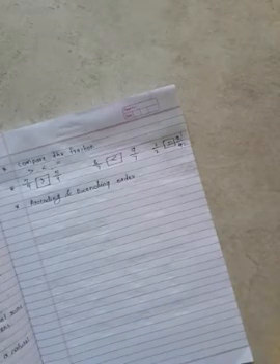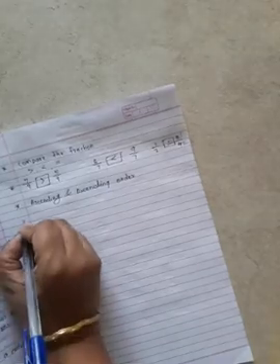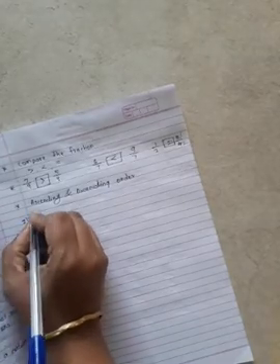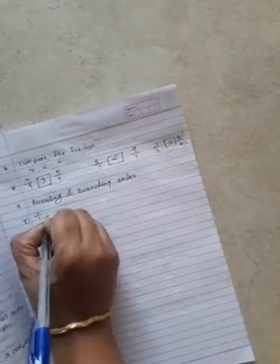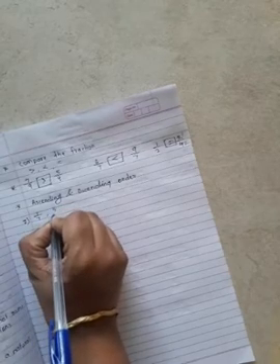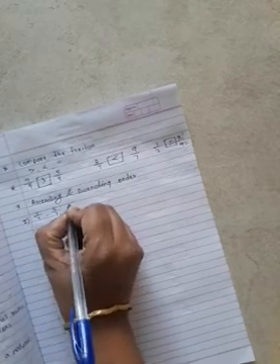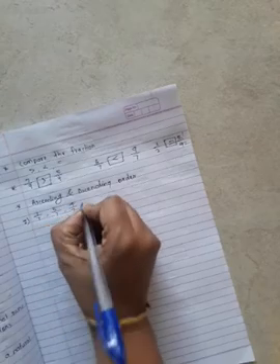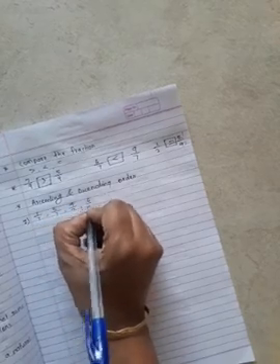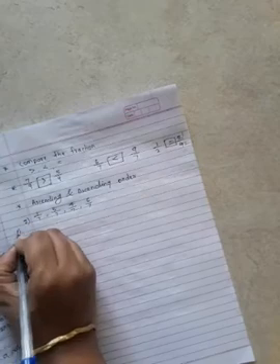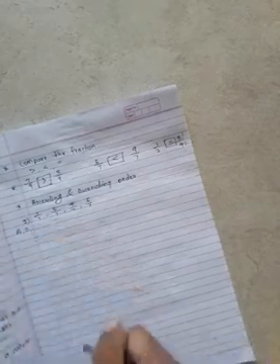First one, ascending means what? Ascending number means write the number small to big. Now write here ascending order.